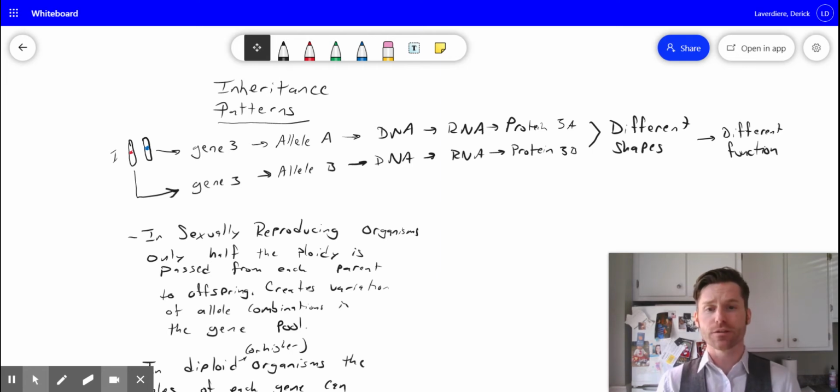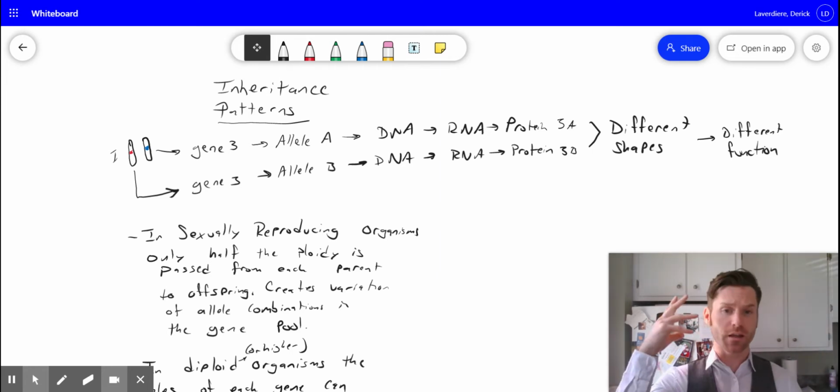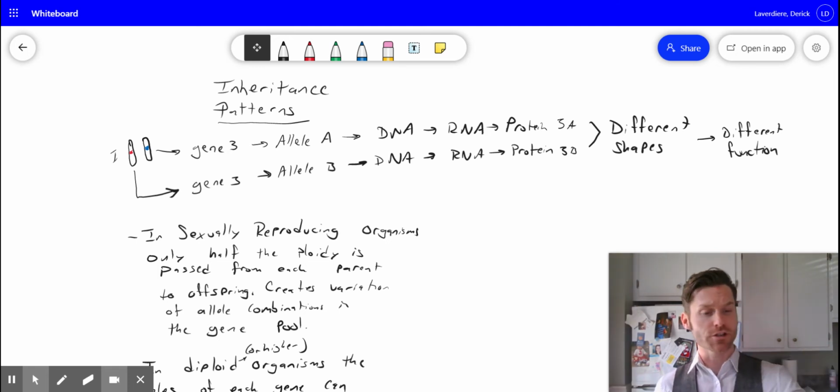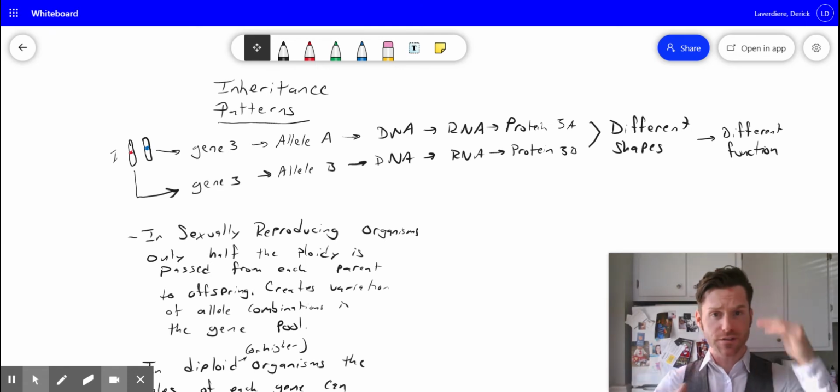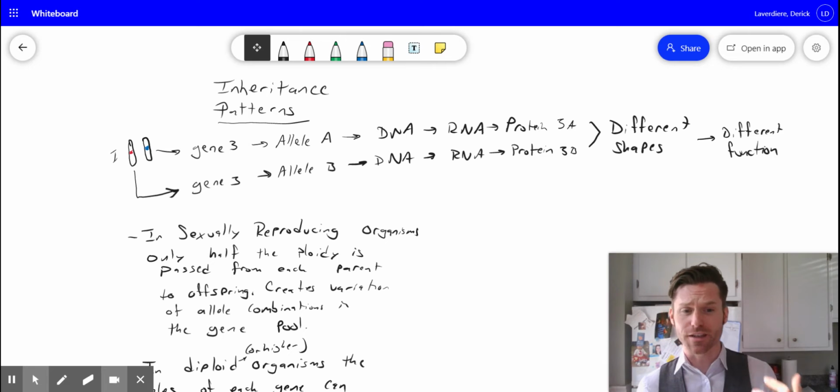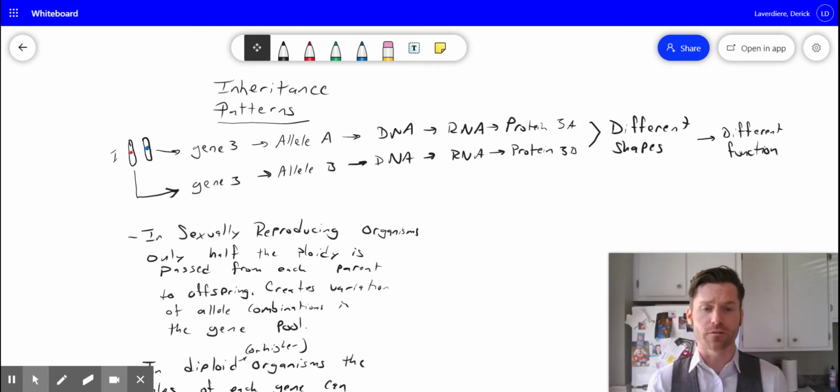We go through the whole process of DNA transcription and then translation of the RNA into the protein. Because the alleles have different sequences, the proteins that are generated are going to have different shapes and ultimately different functions. They're always going to be for the same trait because they're the same gene, but they're going to have different presentations of that trait.